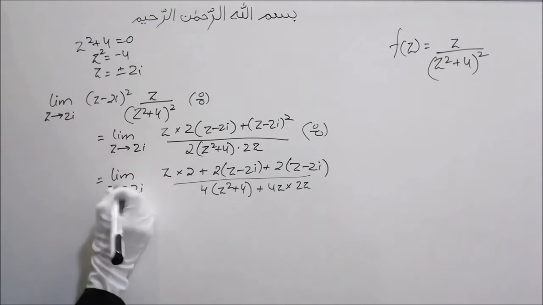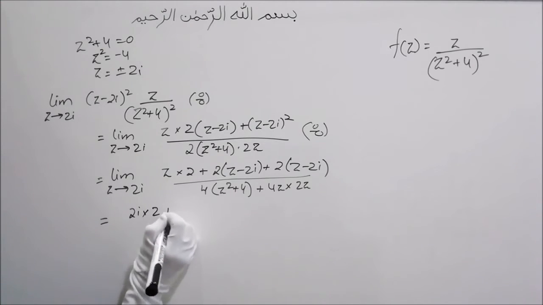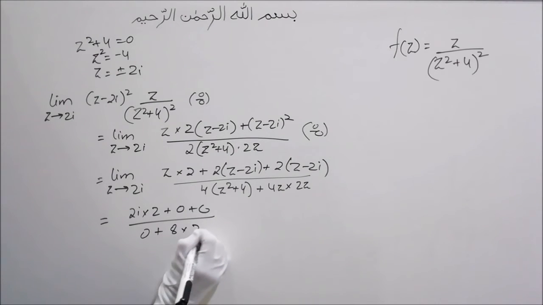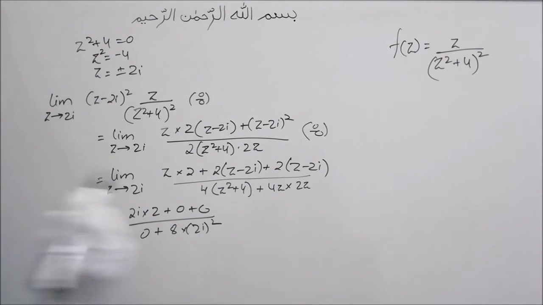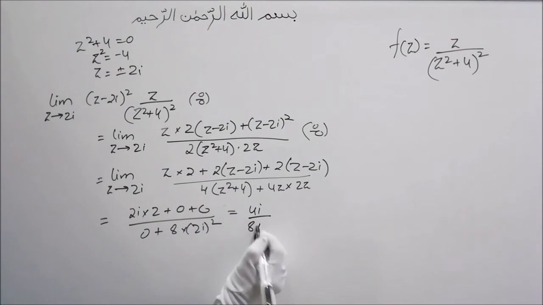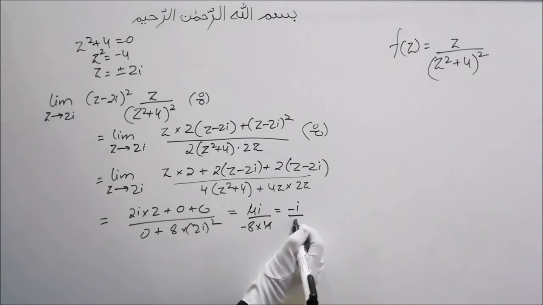Putting the value z equals to 2i here, we'll get 2i into 2 plus 0 divided by 0 plus 4 2s are 8 into (2i) the whole squared. This will be equal to 4i divided by 8 into (4 minus 4). So 4 and 4 will get cancelled, we'll have minus i by 8.